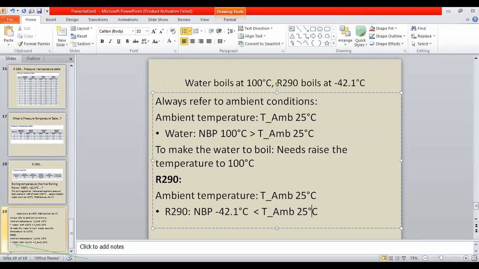T ambient means in the normal environmental conditions, it's same like you are boiling water.